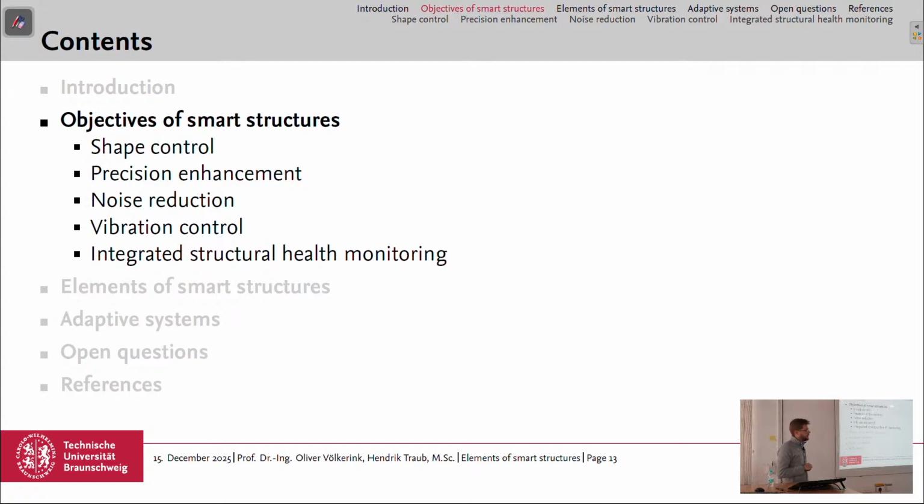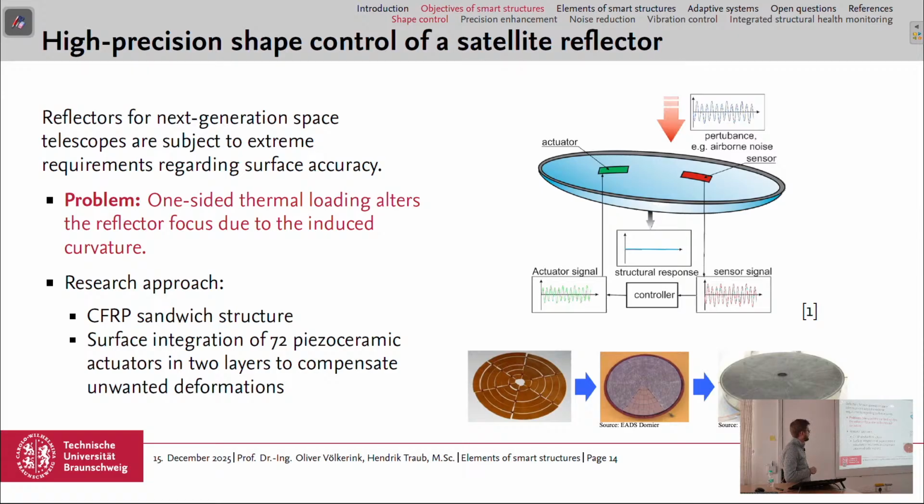So now we come to the smart structures itself. And first we look at shape control. The example I've brought is the high precision shape control of a satellite reflector.